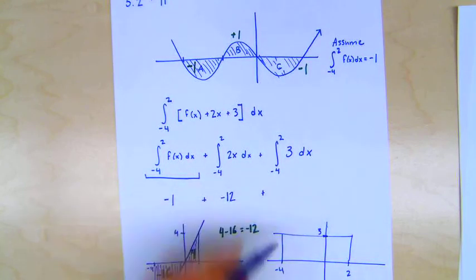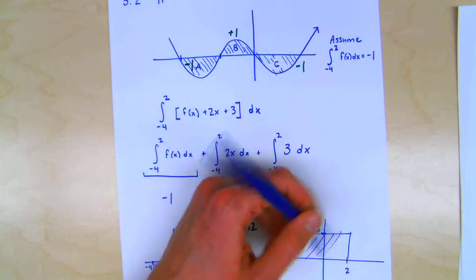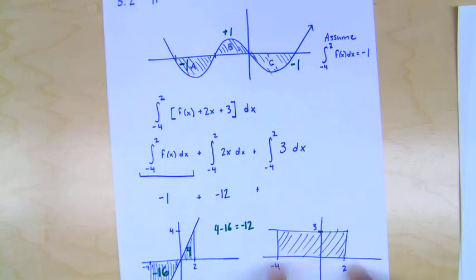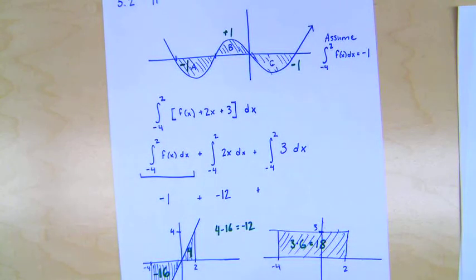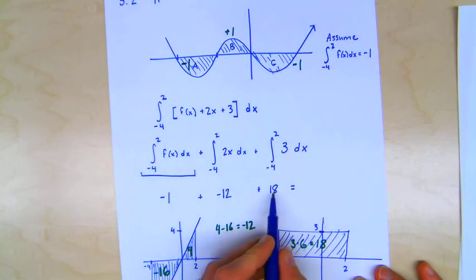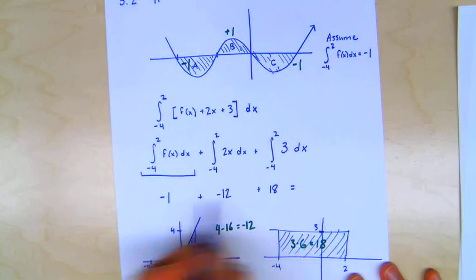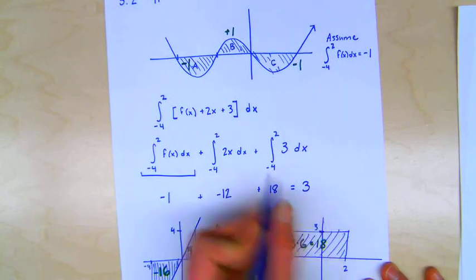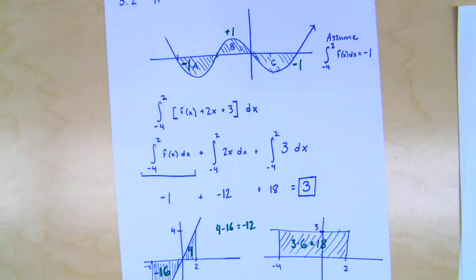This is just a rough sketch because I know that this would then be 3 times the distance here, which is 6, which gives me 18. So that'd be 18 minus 12 is 4, minus 1 is 3. It turns out that that's what my computer says is the correct answer.